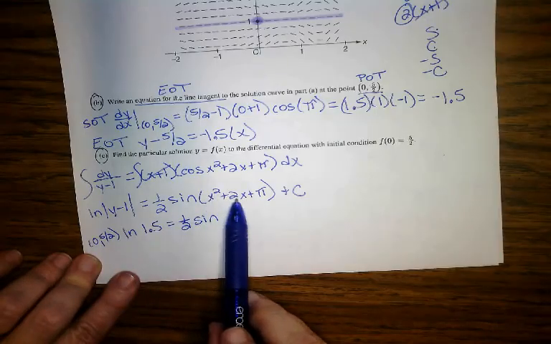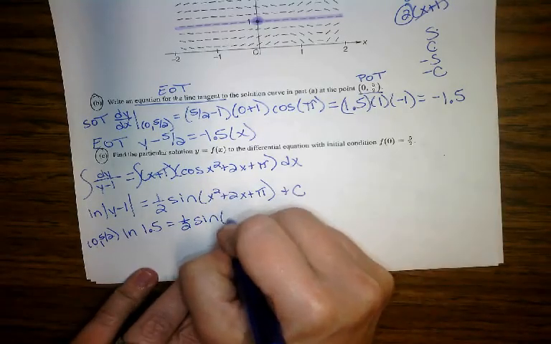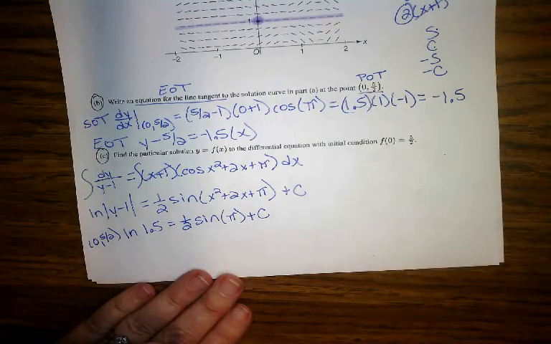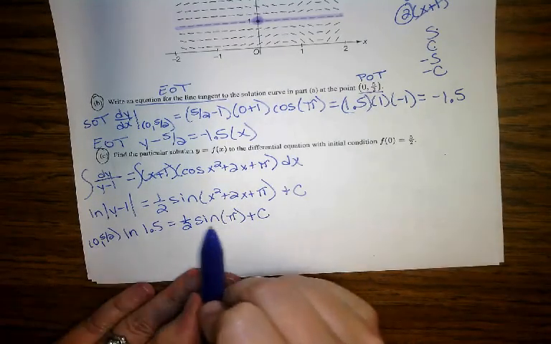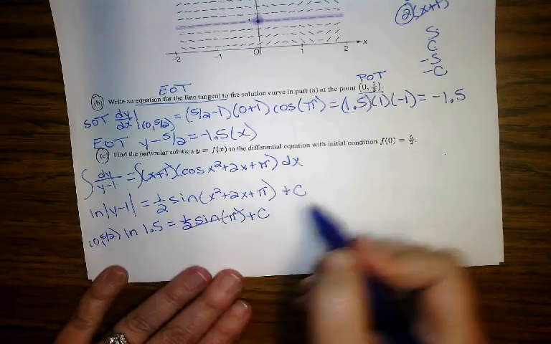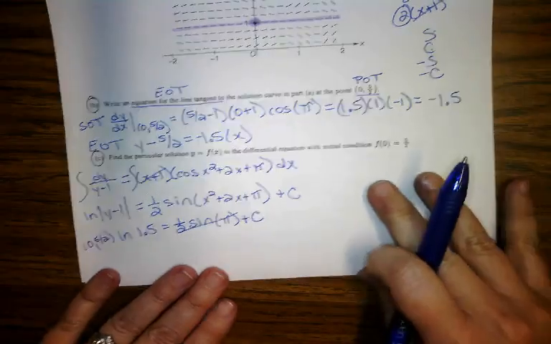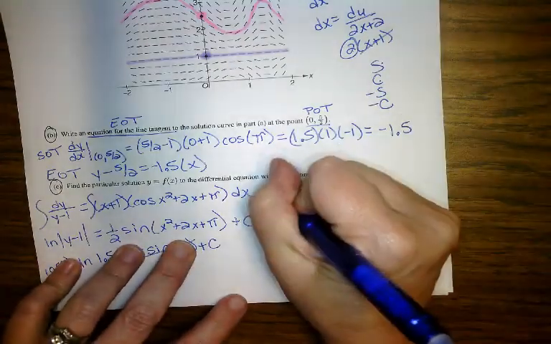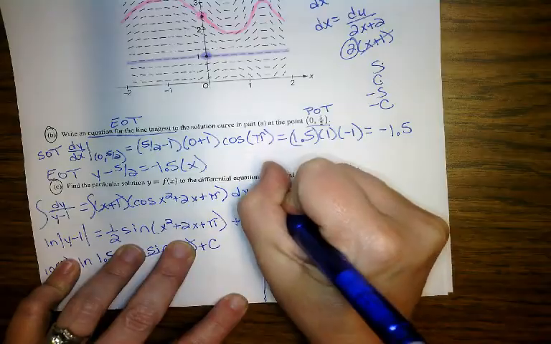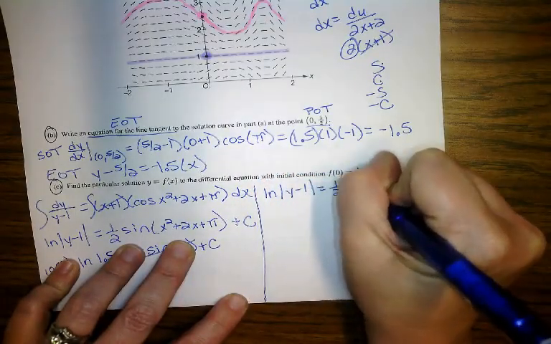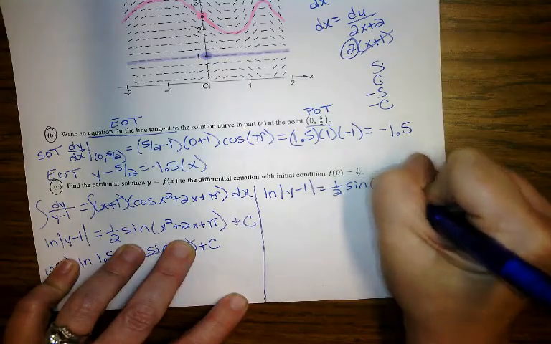So this is going to be 0 times 1/2. That's just 0. So my c is going to be the natural log of 1.5. Okay, so we are ready to write our equation, which is this. Okay, I just wrote the whole thing with my c plugged in now.